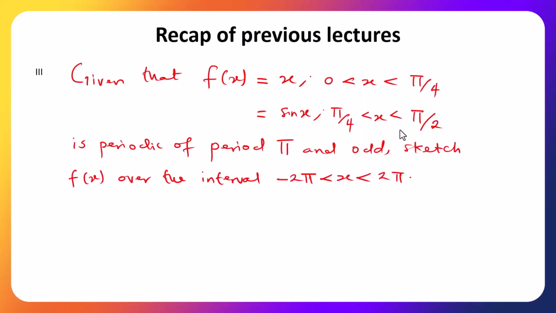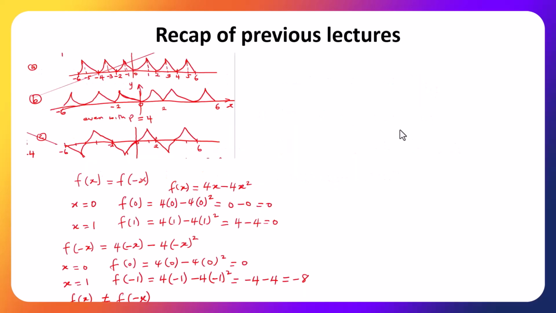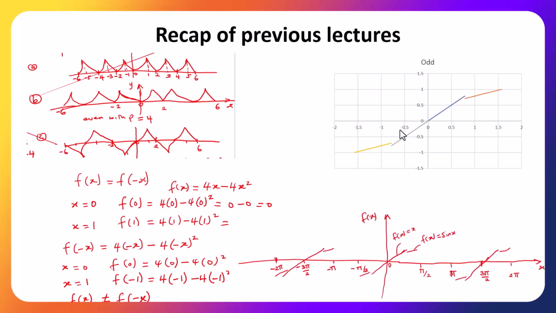And lastly, we are to sketch f of x over the interval minus 2 pi less than x less than 2 pi, given that f of x is equal to x for 0 less than x less than pi over 4, and f of x equals sine x for pi over 4 less than x less than pi over 2. The solutions, the sketches for these questions, are also already provided.